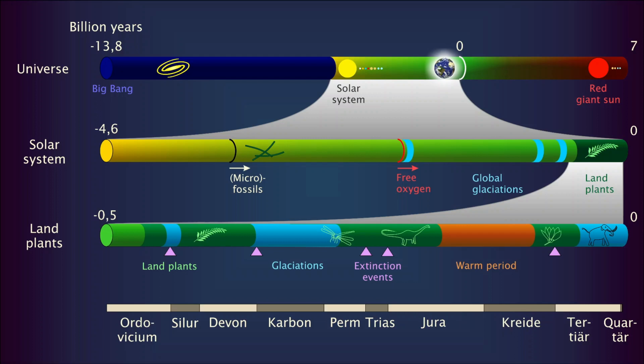And of course, evolution is one important reason. So organisms evolved and adapted to changing conditions. But there is also another factor, and these were so-called extinction events. So it occurred several times in the history of our planet that the composition of organisms abruptly or very suddenly changed.